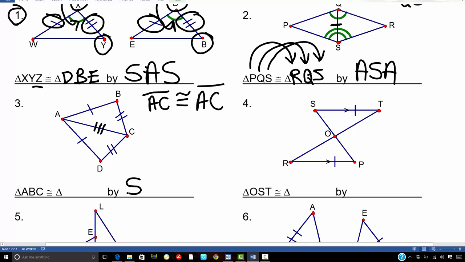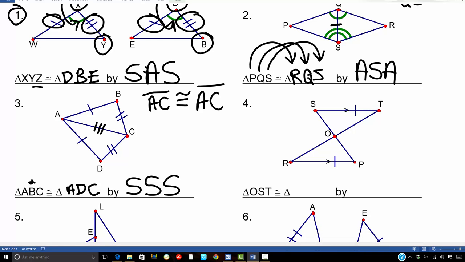They have 3 sides that are congruent with one another, so the triangles are congruent by side, side, side. And then just make sure we match up the vertices correctly. A matches up with itself. Then we look at B. B matches up with angle D in the other triangle. And then angle C matches up with itself as well in this problem.